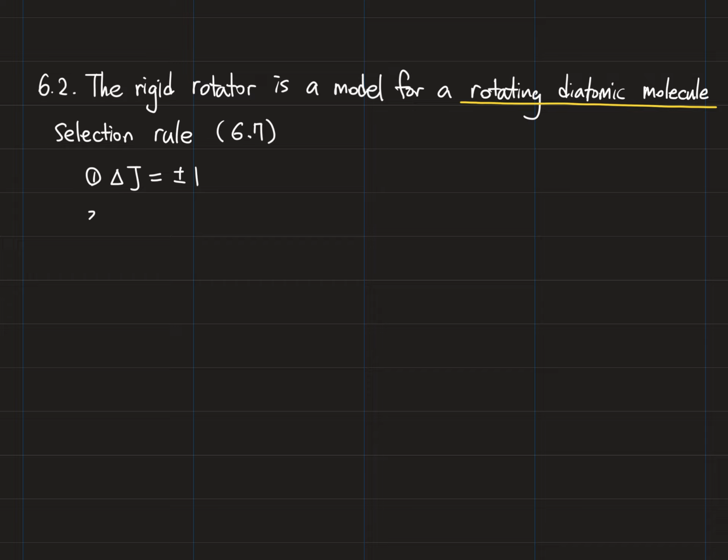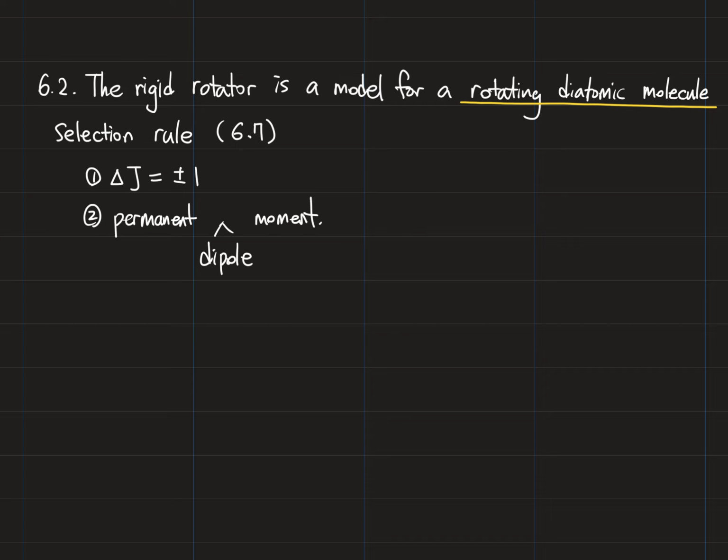So this is the first rule, a permanent dipole moment is required. This is very similar to the selection rule in the harmonic oscillator. You might remember that in addition to the adjacent energy level transition, the molecule should have a permanent dipole moment, right? I missed the O here. Dipole moment.